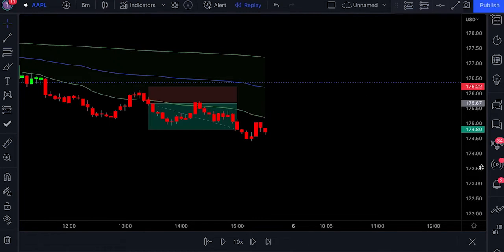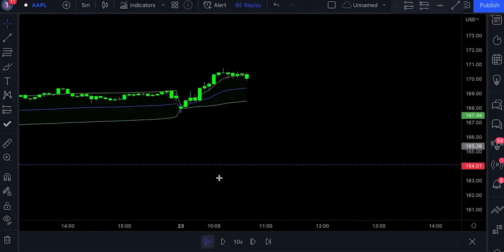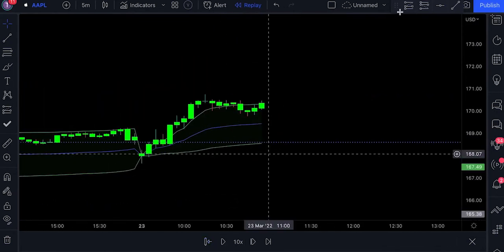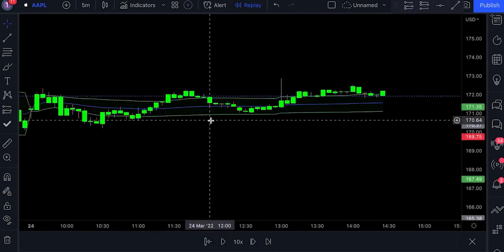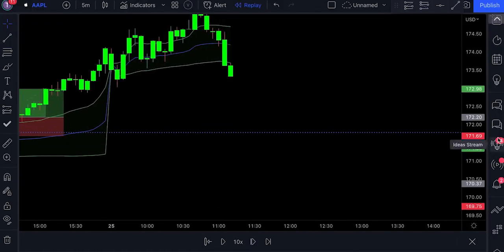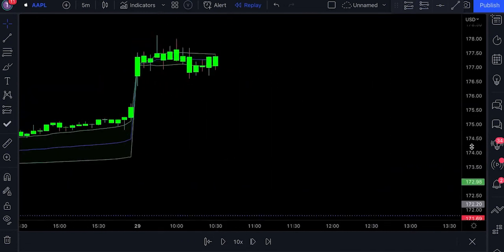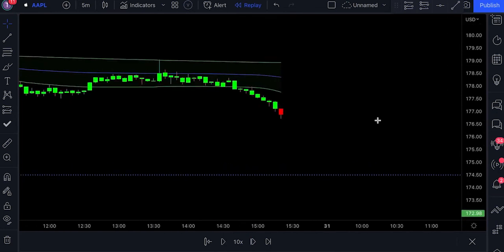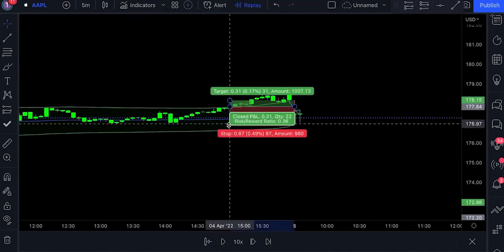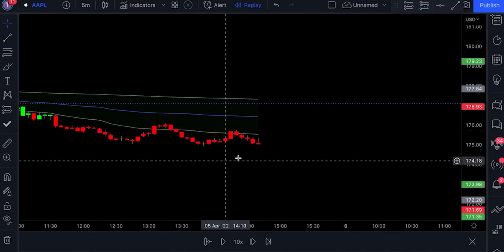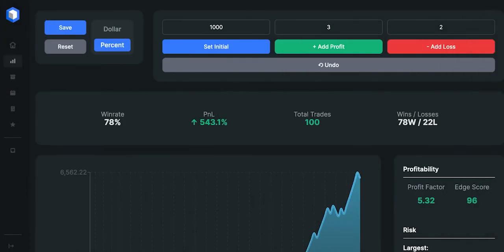Now let's start our backtesting to find out how profitable this strategy is. Alright, the backtesting is finished and here are the results.